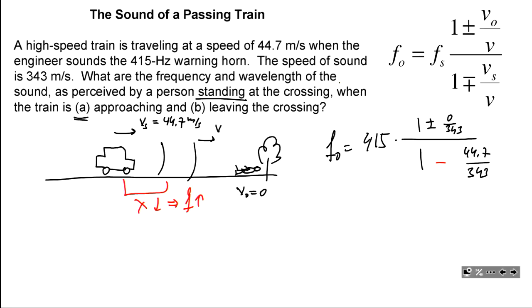Now, on the equation sheet, actually, and in slides, there is a different equation for the same effect. Mathematically, those equations are identical, because here in this equation I can just multiply the numerator and the denominator by the speed of the sound.